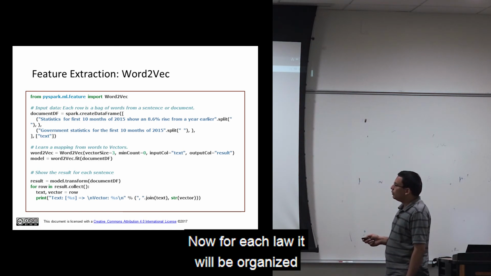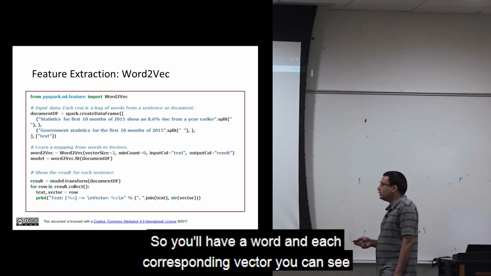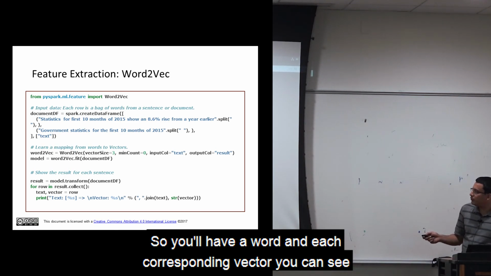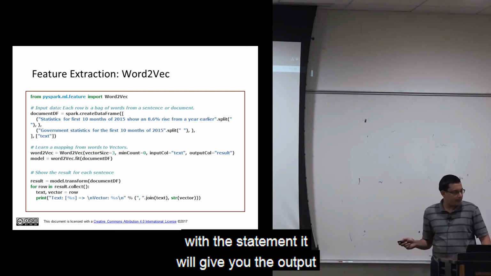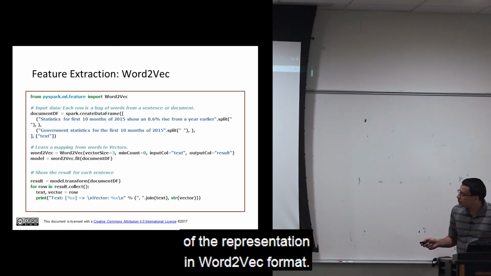Now, each row will be organized as a text and a vector. So you will have a word and its corresponding vector. You can see with the print statement, it will give you the output of the representation in word2vec format.